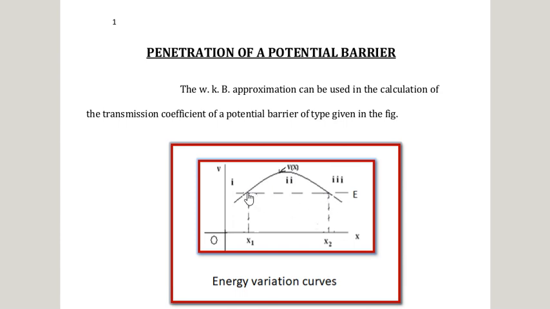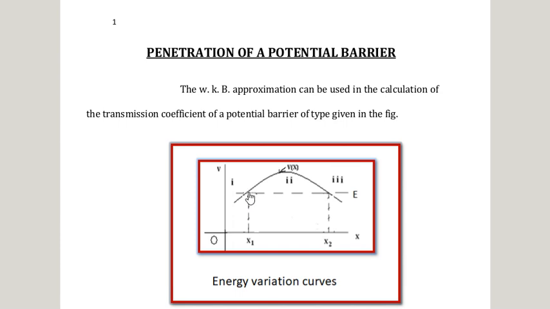At x equal to x1, the potential energy curve and total energy curve coincide, and at x equal to x2, potential energy and total energy curve coincide. Thus at x equal to x1 and x equal to x2, total energy is equal to potential energy.